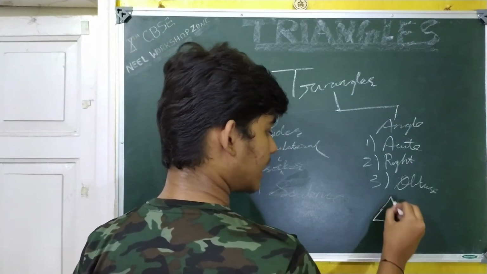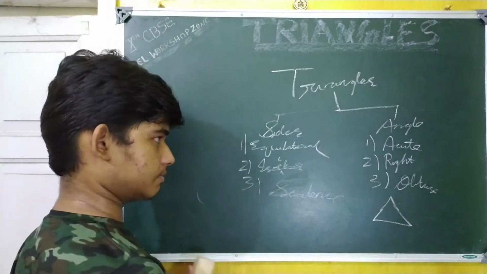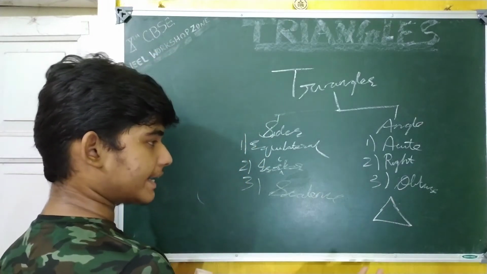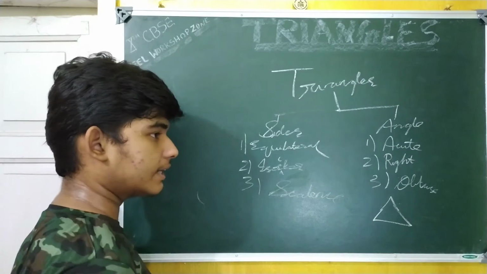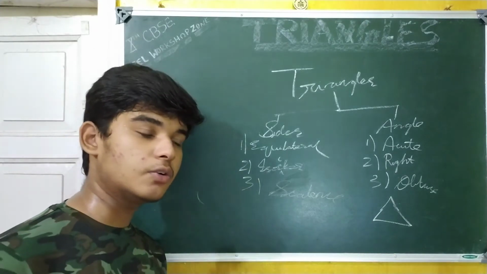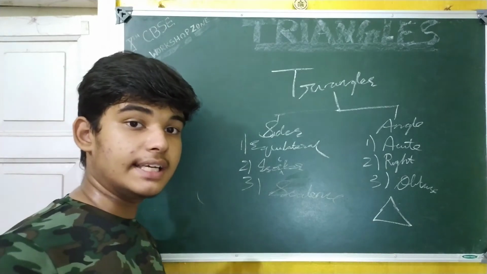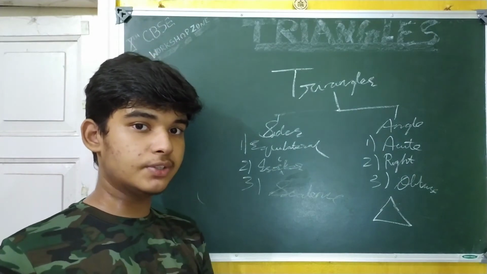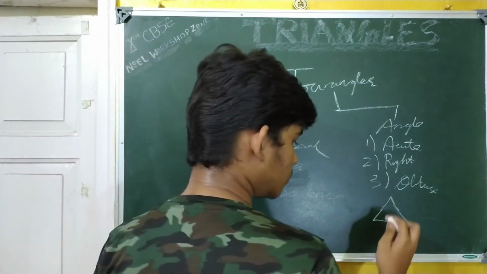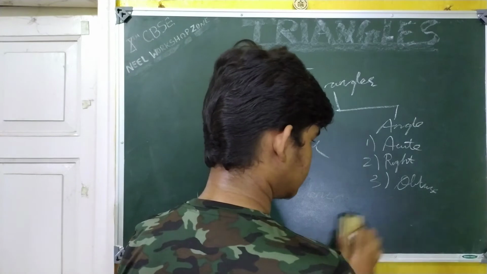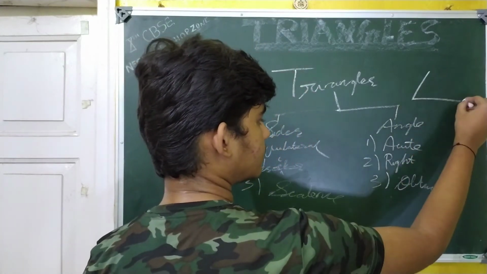If you don't know what an acute angle is, it is an angle that is less than 90 degrees, so it's between 0 and 90 degrees. All of these angles of a triangle are acute.